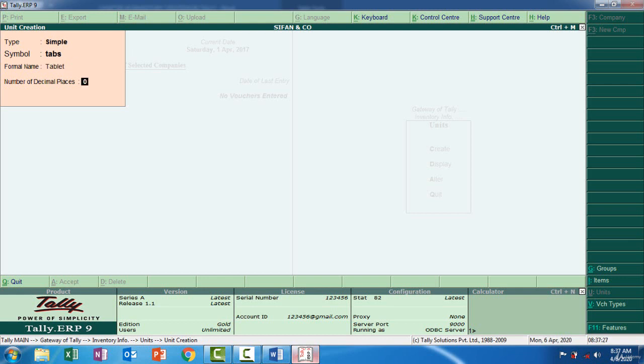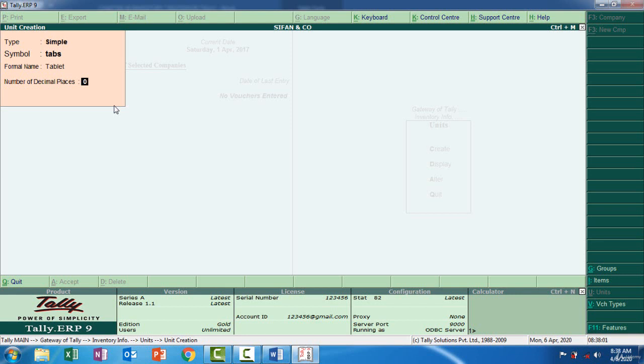Okay, and then number of decimal place 0 for the tablet, because we cannot provide half or 0.25. We can't give the tablets. But sometimes if you measure liters or kilograms, you have to use decimal places. It may be 3, for example 1.500 liter, right? So there are 3 decimals you have to enter, but the maximum we can enter is 4 decimal places.